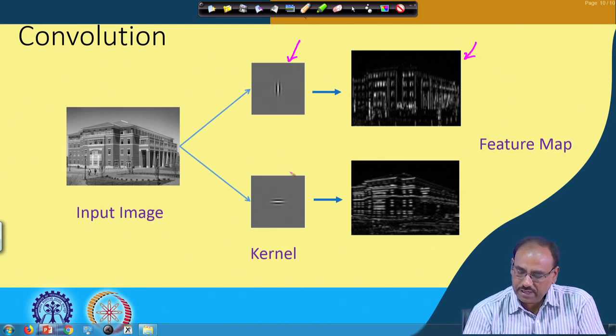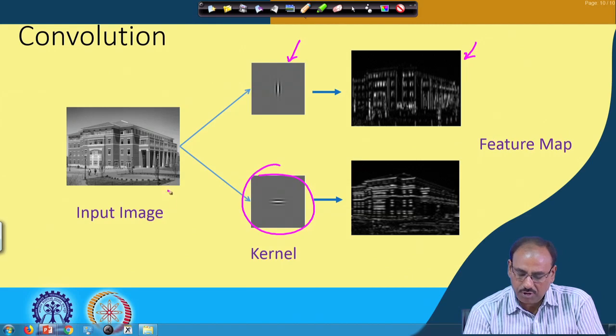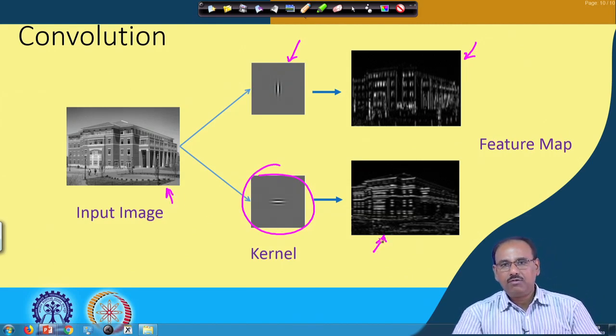Similarly, if I convolve the input image with this other kernel, this will be the output. Here again, these two outputs, which are known as feature maps, give you the salient features or the structural information present in the input image.